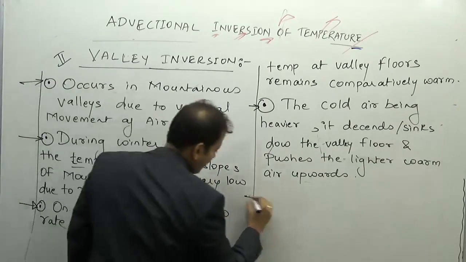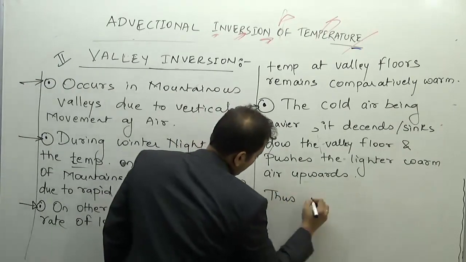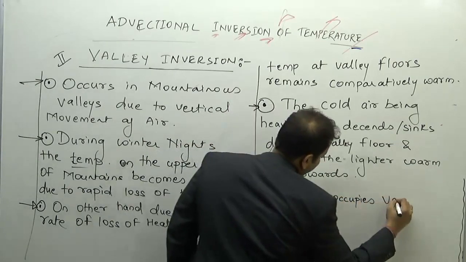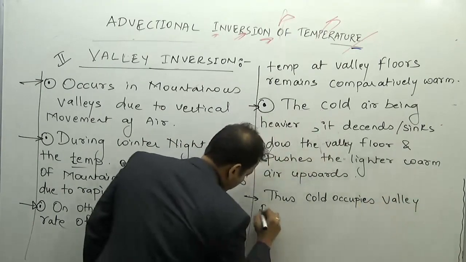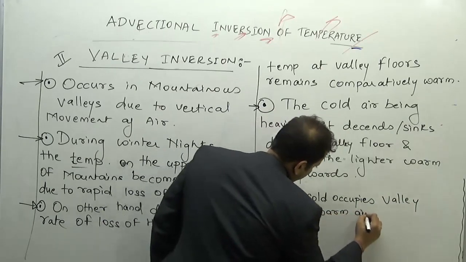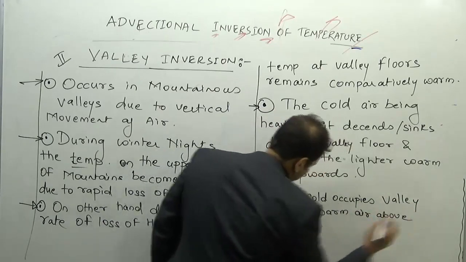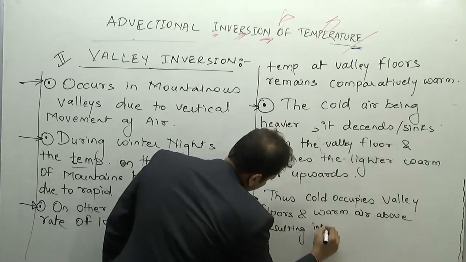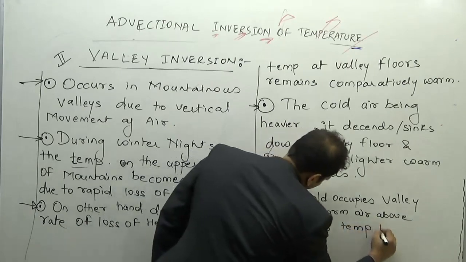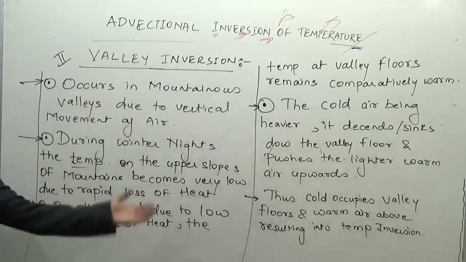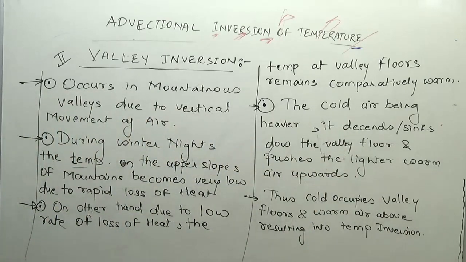Thus, cold air occupies the valley floors and warm air is above, resulting in temperature inversion.